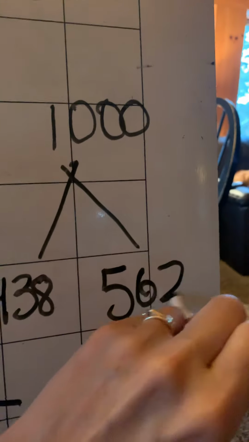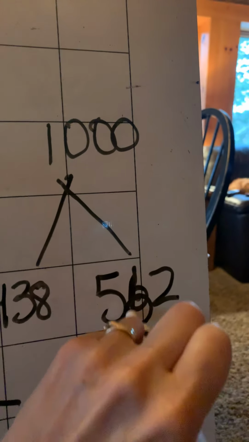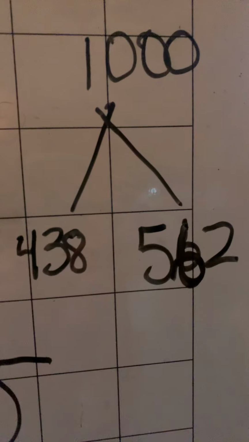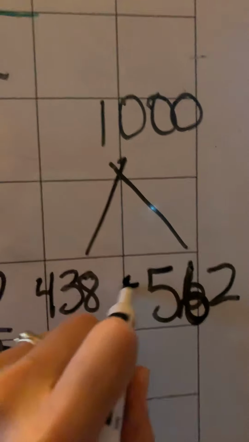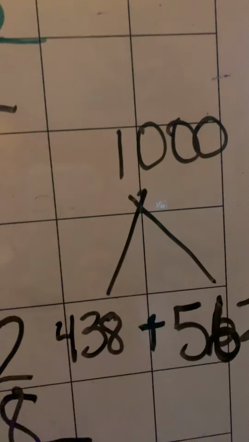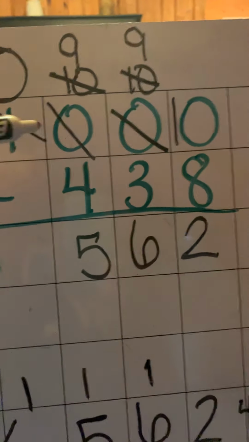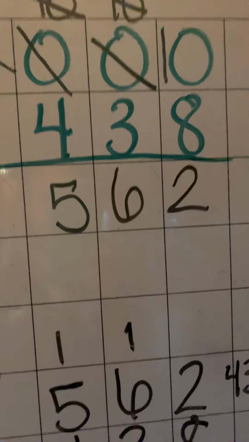These are called the add-ins, aren't they? Oh, my 6 got messy. So your two add-ins together add up and equal 1,000. And 1,000 minus one of your partners gives you the other partner, like we did right here. 1,000 minus 438 equals 562.